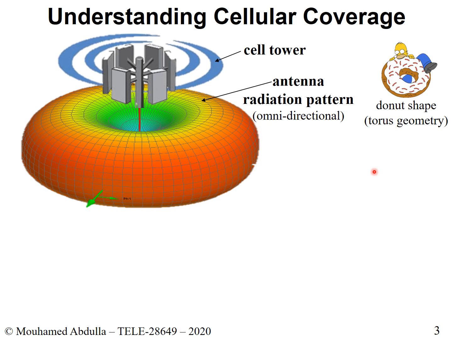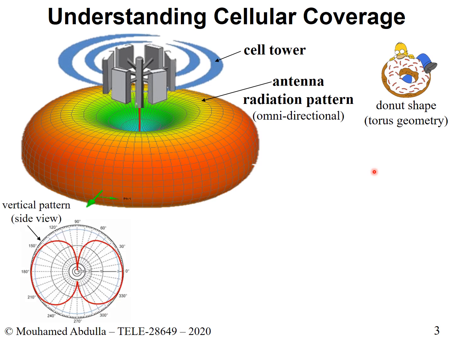If we now look at this radiation and we cut it along here, we see the cross section. We see the side view. We look at the vertical pattern. This is how the vertical pattern of this radiation looks like. You have the different angles, and then you see how it looks like.